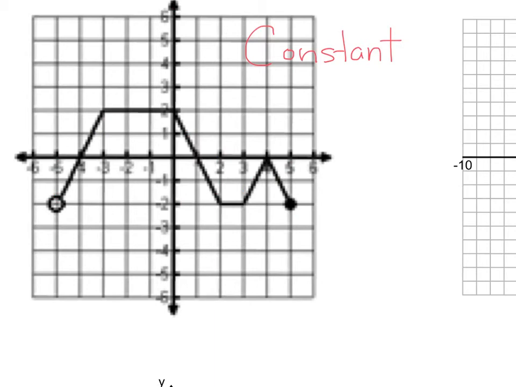So we want to record from the left to the right. So from -3 until 0, parentheses, and then again from 2 until 3. So these are the two intervals where the graph is constant.